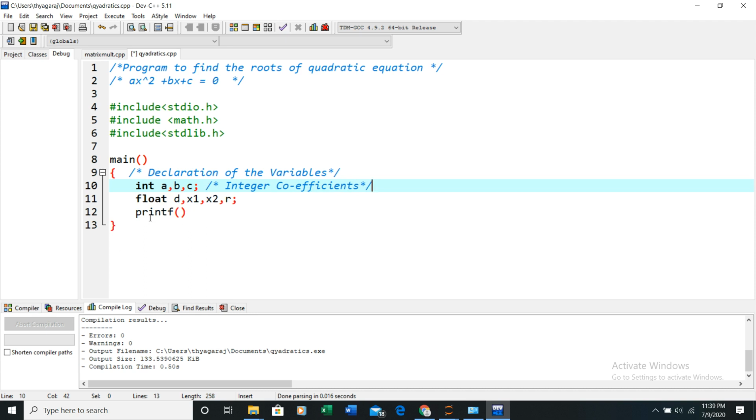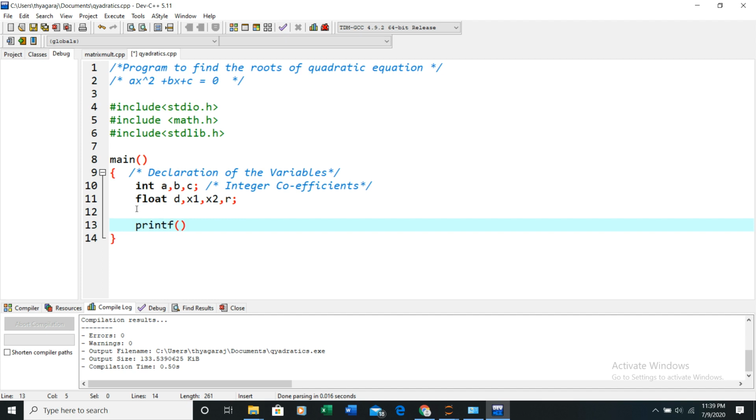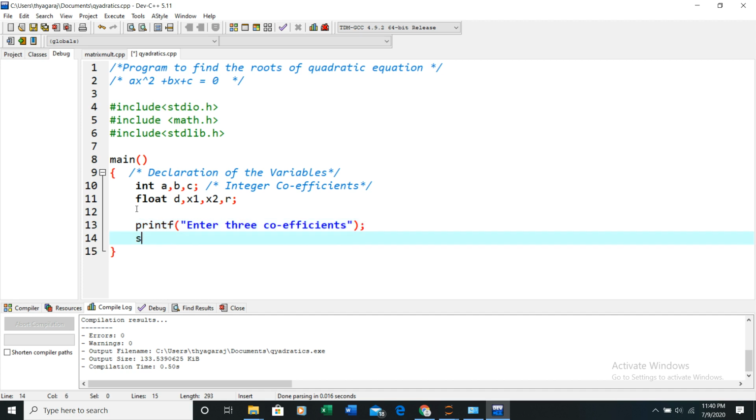Now we will ask the user to enter all the coefficients, that is, three coefficients. We will enter all the three coefficients, and then we will store them in the variables a, b, and c correspondingly.